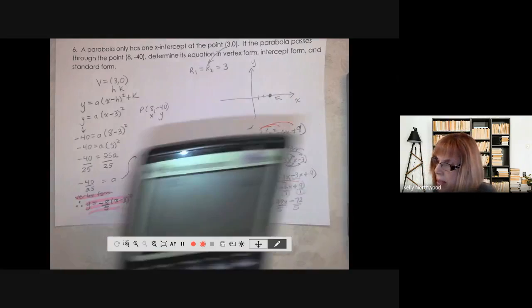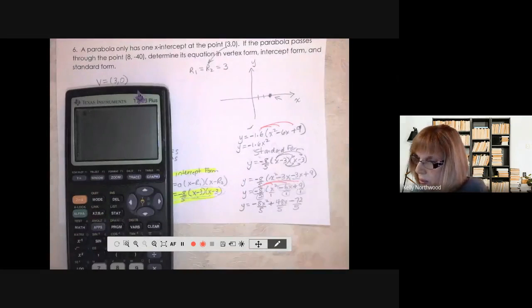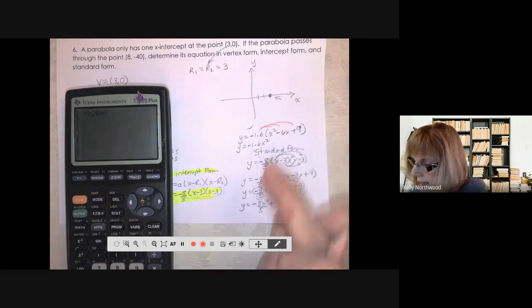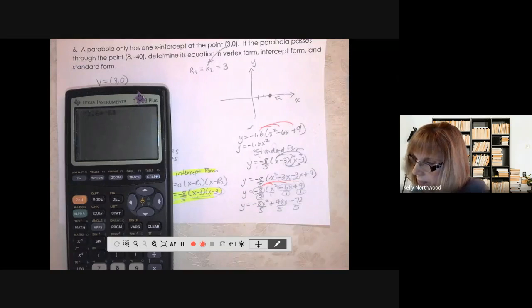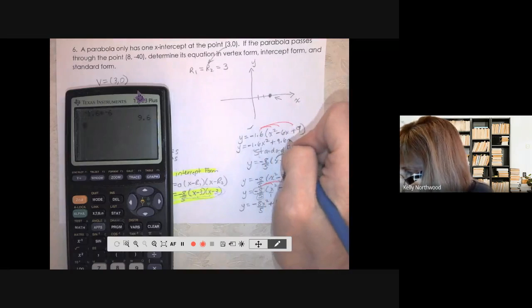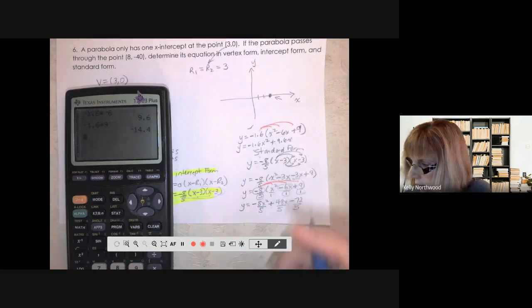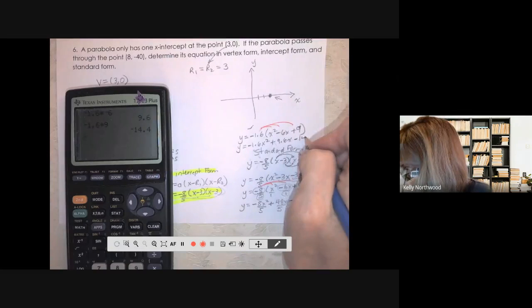And they mean the same thing. So to get the next one, I would do -1.6 times -6 is +9.6x. And then -1.6 times +9 is -14.4.